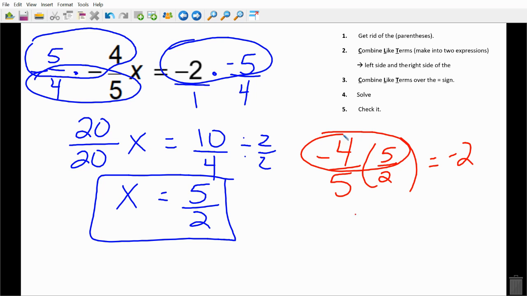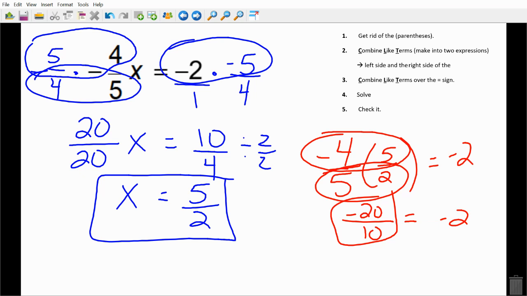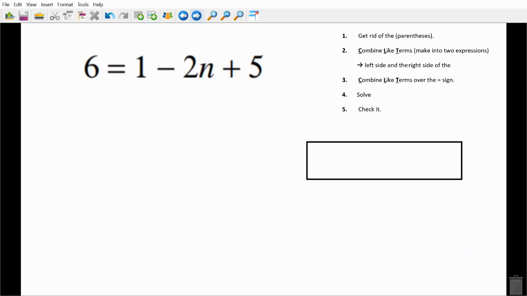Negative 4 times 5 is negative 20. Multiply the denominators, the bottoms. 5 times 2 is 10. Simplify that fraction. Negative 20 divided by 10 is negative 2, equals what's on the right, negative 2. Guess what? We're happy. Happy, happy, happy, happy.